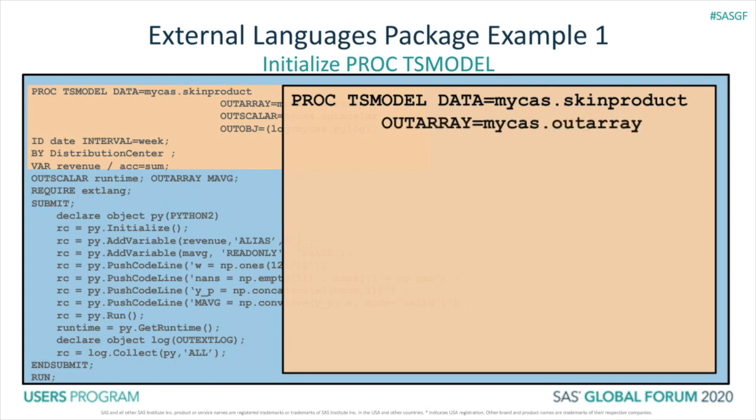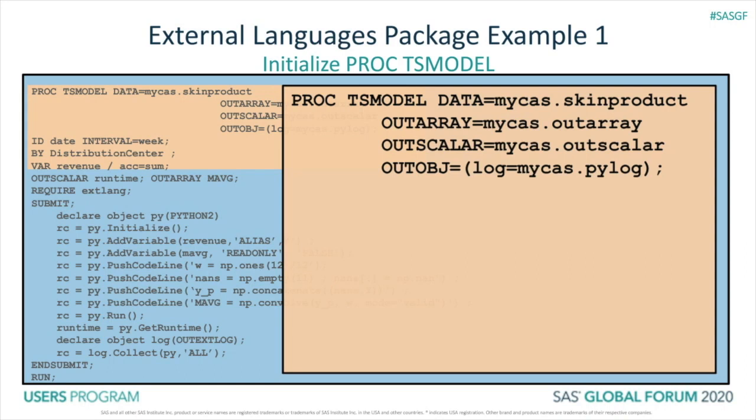Next, we're going to specify where we're going to put our output data. So we're specifying here that output array data is going to go in a table called outArray in the same myCast library. Similarly, scalar output data is going to go in this outscalar table.